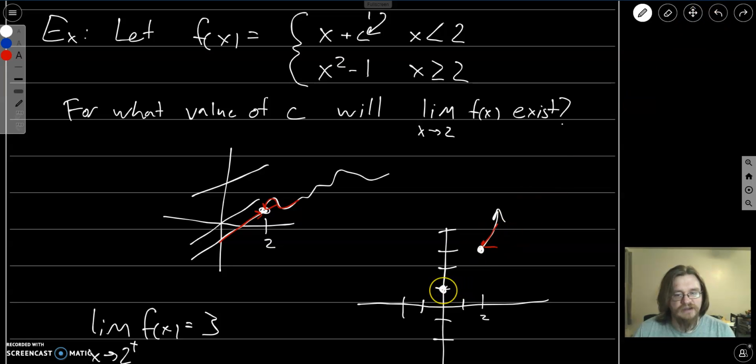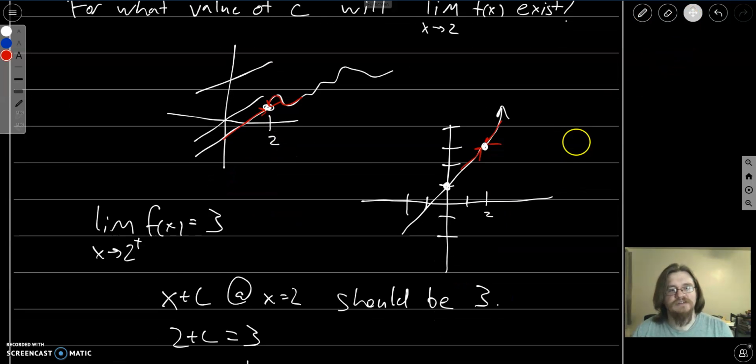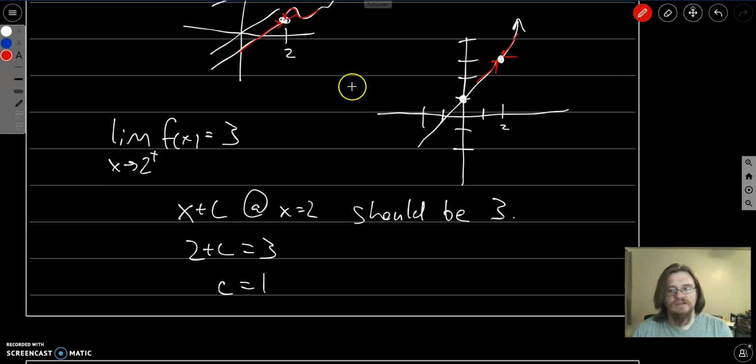And as we approach 2, our function is getting closer and closer to 3, which is good. So the limit as x approaches 2 from the left-hand side of f(x) is also 3 when c is equal to 1.